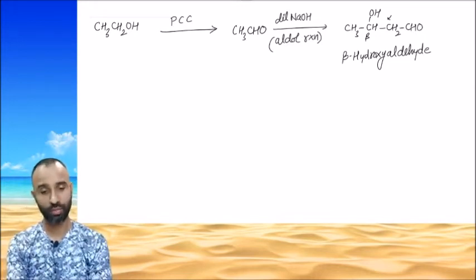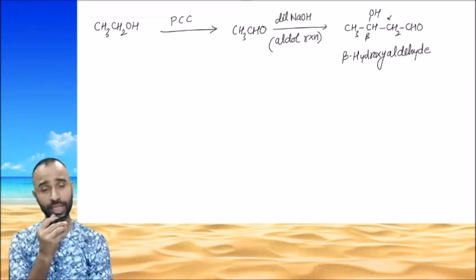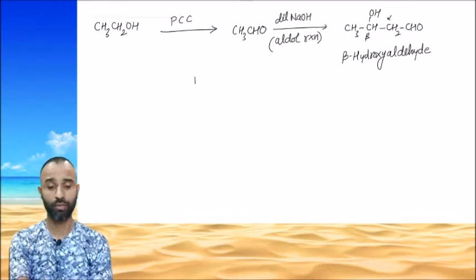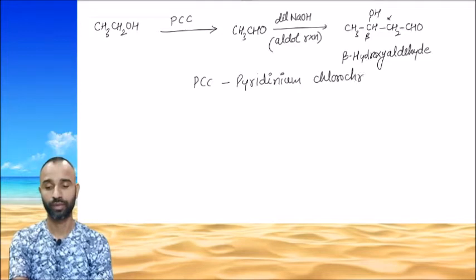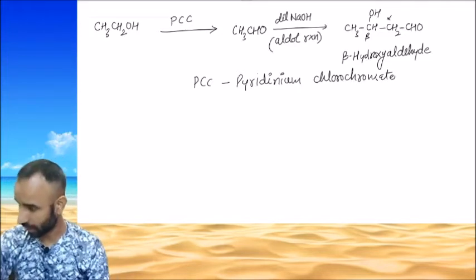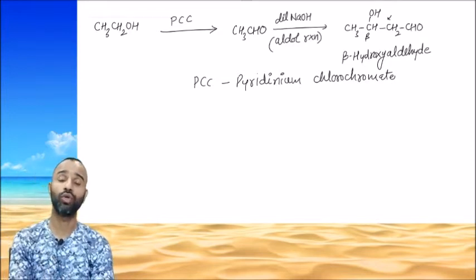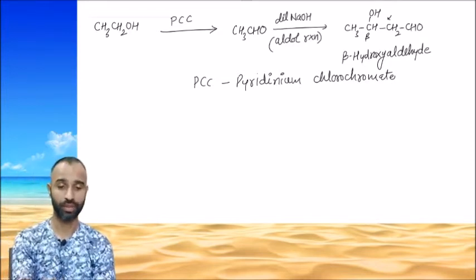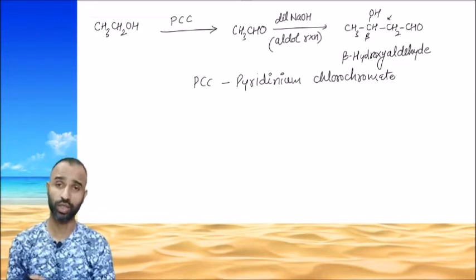Like, yes, any reagent that you know, we can use PCC. Okay, so by using PCC, what is PCC? Full form of PCC is pyridinium chlorochromate, right? So we can use PCC or even anhydrous CrO3.